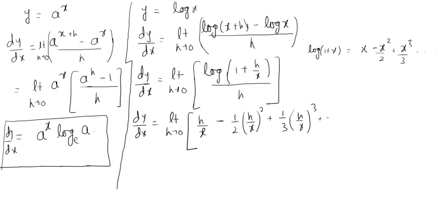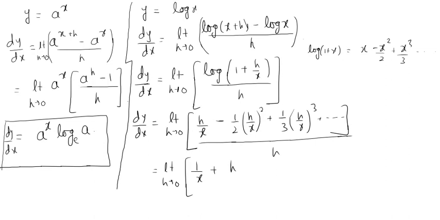Now this is divided by h. So it will be limit h tending towards 0, you will have 1 by x here plus higher order terms of h. Now all these higher order terms of h will be equal to 0 when you put h equal to 0. So dy by dx for y equal to log x will be 1 upon x.